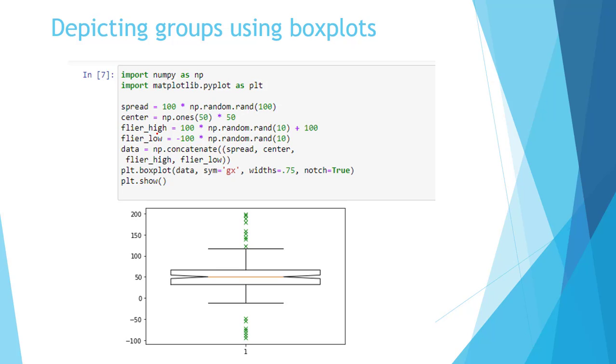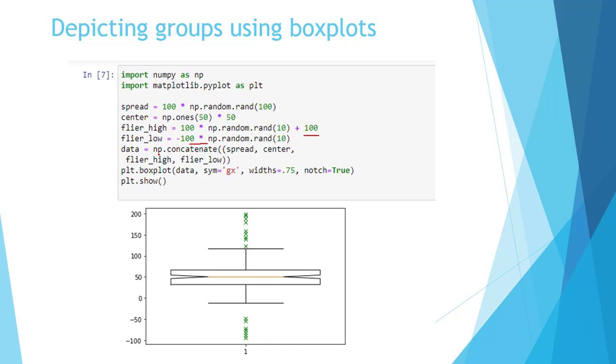After that, flier high simulates the outliers between 100 and 200, and flier low simulates the outliers between 0 and -100.